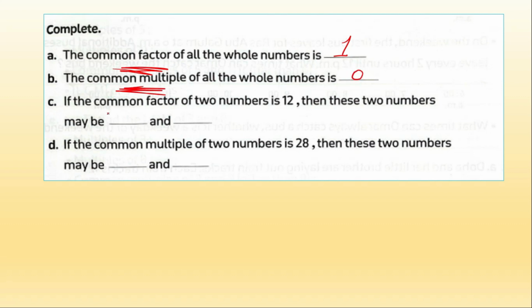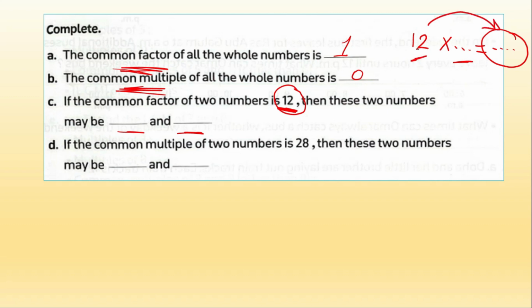Okay. If the common factor of two numbers is 12, then these two numbers may be A or A. Here we have a common factor of 12. So when the factor is 12, it means 12 times any number gives a product, so multiply 12 by any number and write the product, so that 12 is a factor of the product. You can say 12 times 1 equals 12, so the first number may be 12.